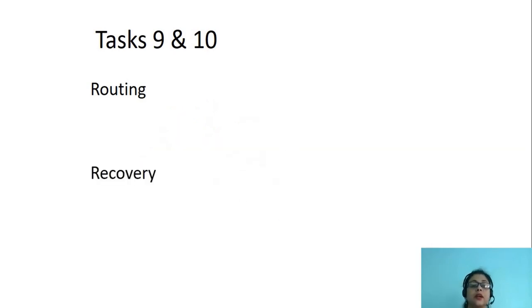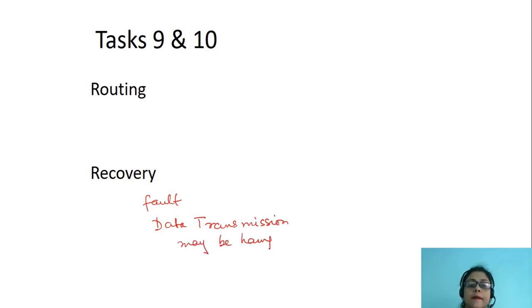Next task is recovery. There may be a fault in the system. So due to a fault in the system, data transmission may be hampered. So what to do? How to get rid of this? Proper measures must be taken so that the system can resume its activity just at the point where failure occurred.